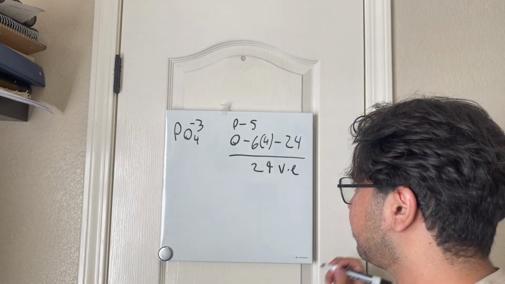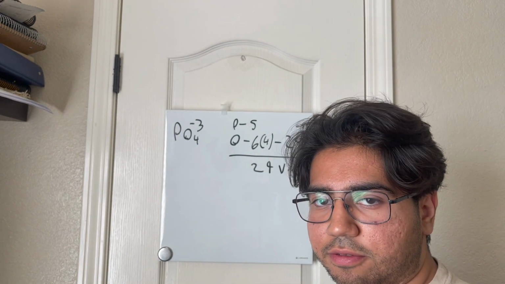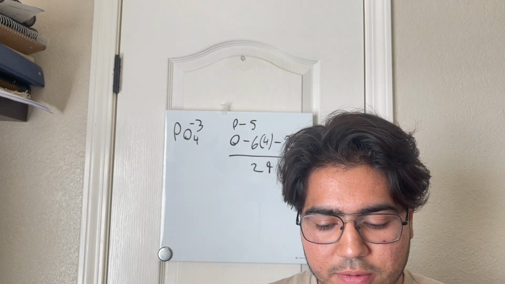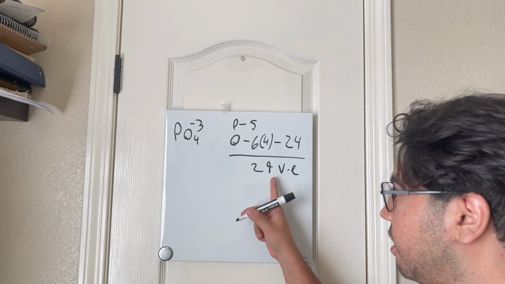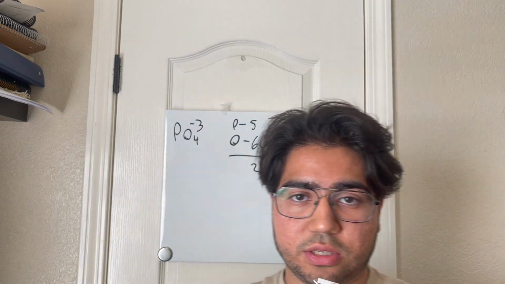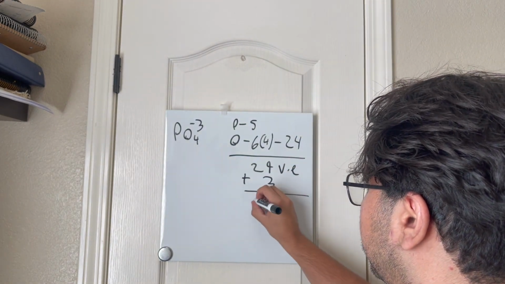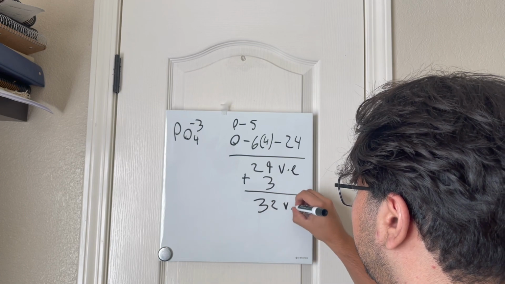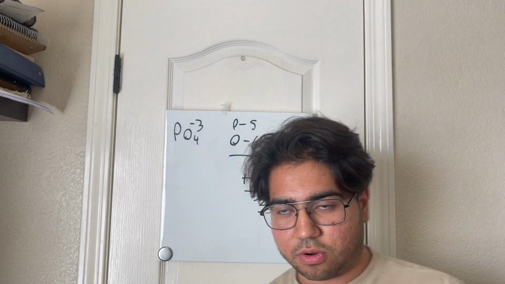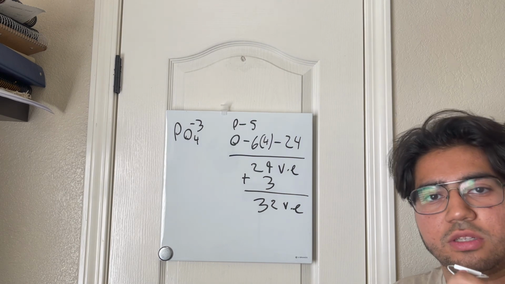Since it's negative, these electrons are not negative, this count is not negative, but because electrons are negatively charged, we add negative charges instead of subtracting them. So we add 3. We should get 32 valence electrons total.